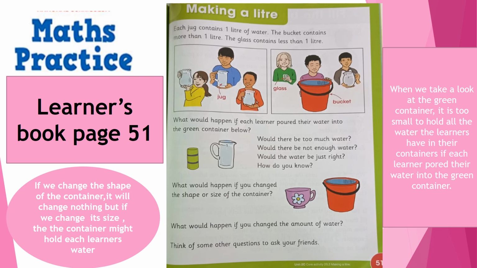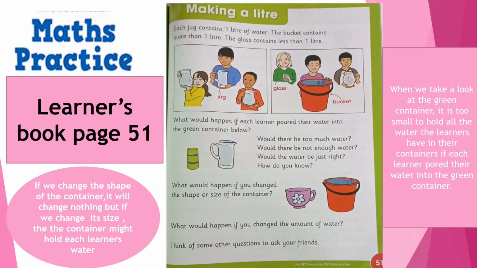What do you think? Okay, I want you to write your answer. How did you know? Based on all the answers you've given to the questions, how did you know if the water will be too much, or it won't be enough, or it's going to be more than enough in the green container? Okay, just write your answers.